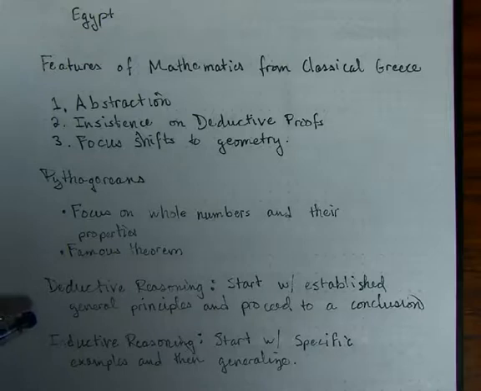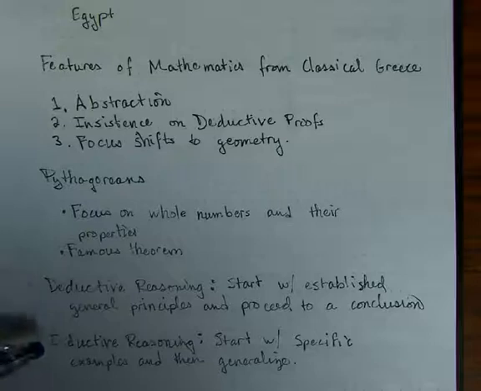Now, since Greek mathematics focuses on deductive proofs, I thought it would be a good idea to contrast that with a different type of reasoning, inductive reasoning. A deductive proof starts with established general principles and then proceeds to a specific conclusion. So deductive reasoning goes from general to specific, basically.